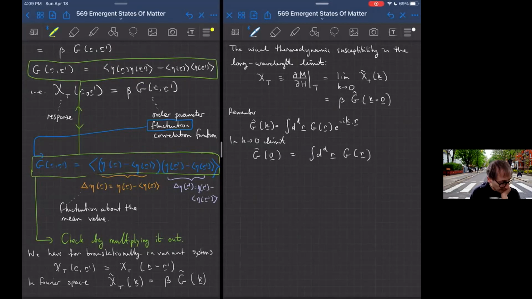And so what I've learned is that the isothermal susceptibility, which you learned about in elementary thermodynamics, is just beta times the integral over space of the 2-point correlation function.